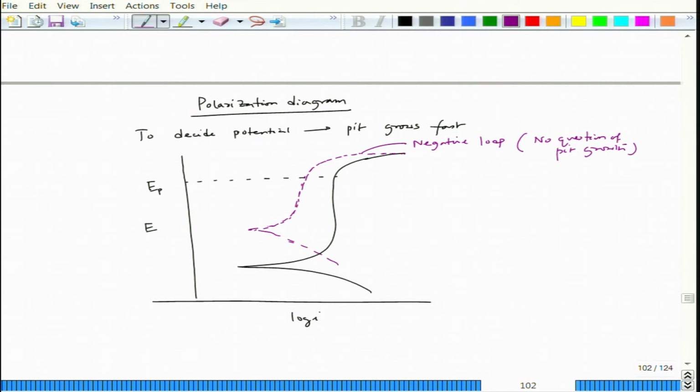Now, if we have a positive loop, the positive loop looks like this. It cuts like this. When the curve cuts like this, it is called a positive loop. This is a typical response of a self-passivating system showing aggressive pitting.